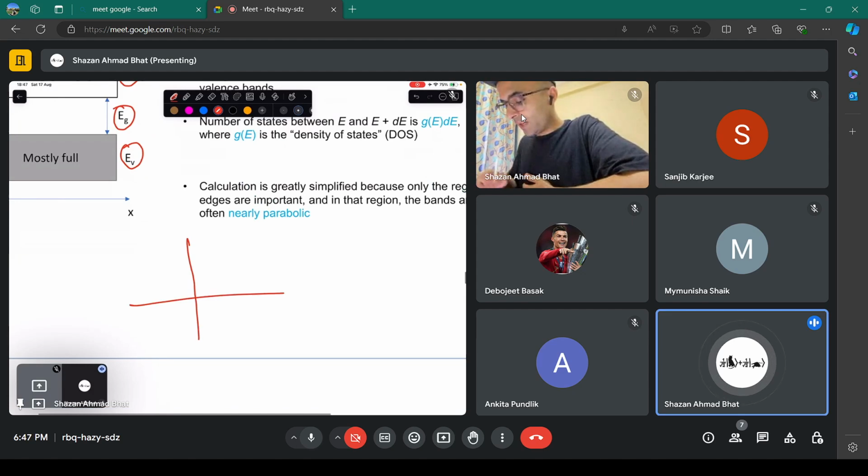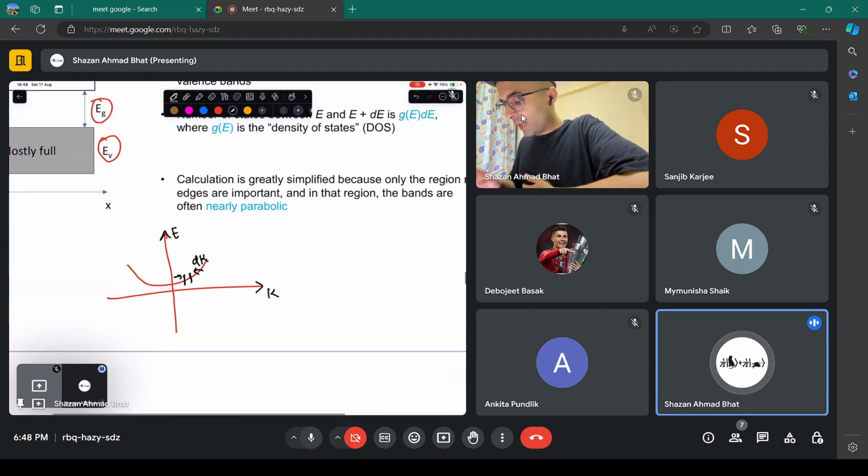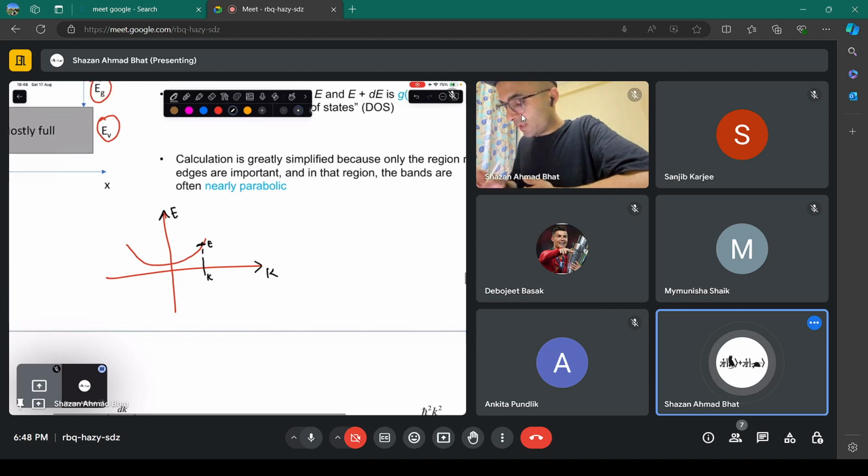Let's say you have an E-K relation like this, this is K, this is E. Let's say the particular value of energy here is E, and the particular value of K is K, and this particular width is dk, and you want to see how many energy levels are present in this particular small region dk.